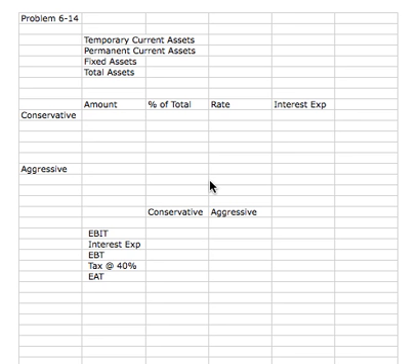The firm has $400,000 in temporary current assets. All right, so we'll go ahead and put that in here, 400. It's trying to develop a financing plan to finance its asset base, so we need to know the total assets that this organization has to finance. 300,000 in permanent current assets.